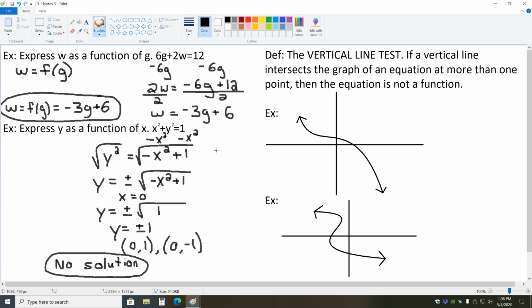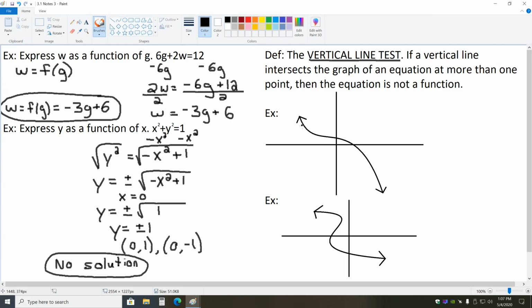How can you really prove something isn't a function? Well, this is where the vertical line test comes into play. We say if a vertical line intersects the graph of an equation at more than 1 point, then the equation is not a function. Note that this is any vertical line. If it happens one time in the problem, then that problem is not a function.